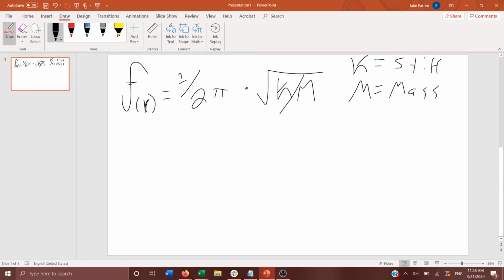One of the questions that you might have seen in the quiz or in one of the knowledge checks says that stiffness is increased by a factor of 9.